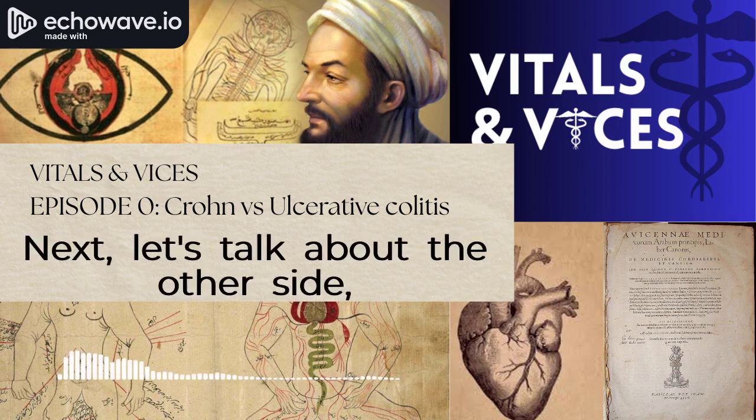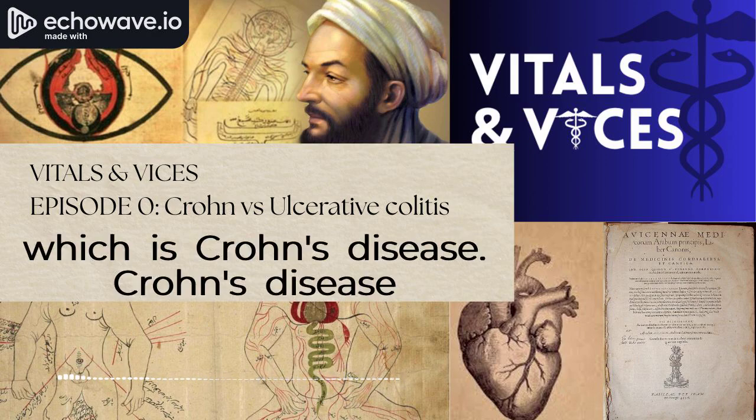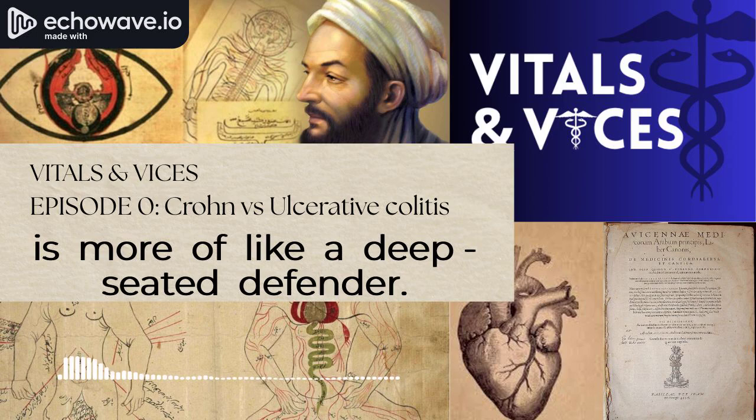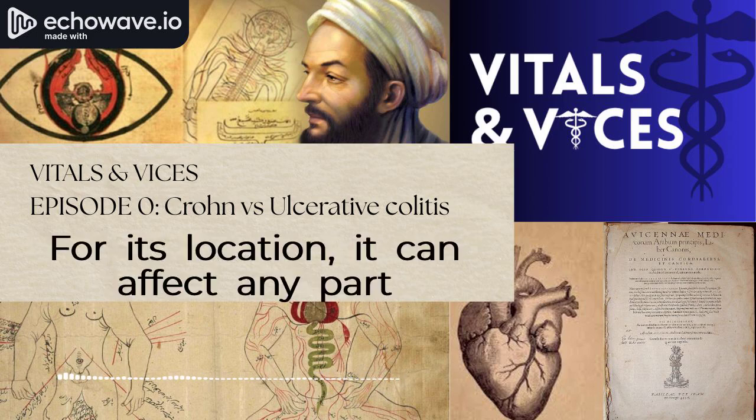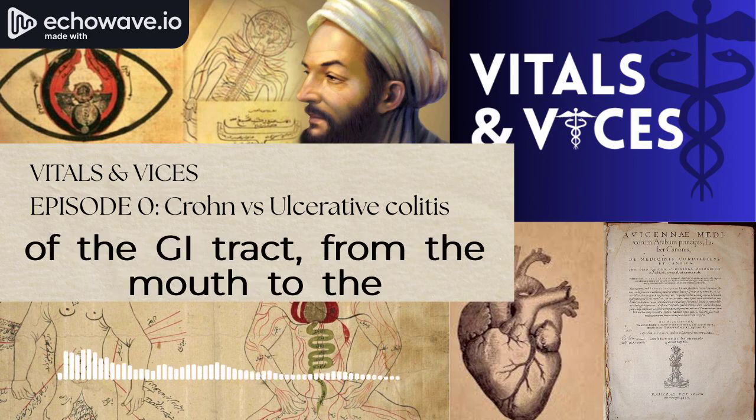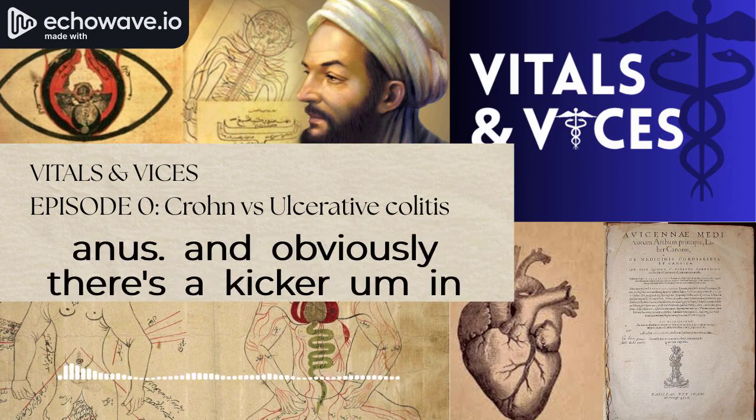Next, let's talk about the other side, which is Crohn's disease. Crohn's disease is more of a deep-seated defender. For its location, it can affect any part of the GI tract from the mouth to the anus. And obviously there's a kicker.